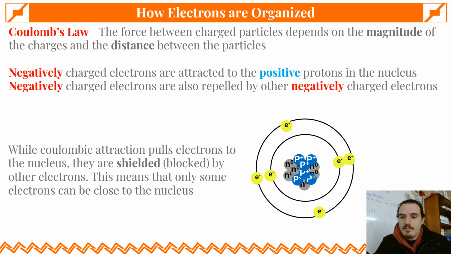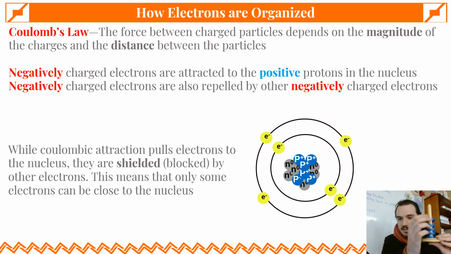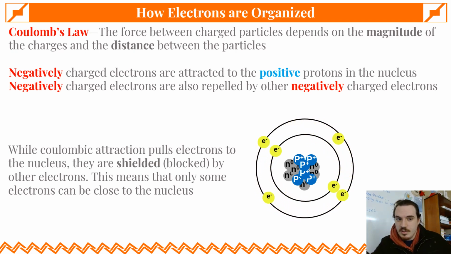Now Coulomb's law helps us describe how electrons are arranged in an atom. The force between charged particles, namely electrons and protons, depends on the magnitude of the charges and the distance. So these negatively charged electrons are attracted to positive protons in the nucleus, but they're also repelled by other negative electrons.